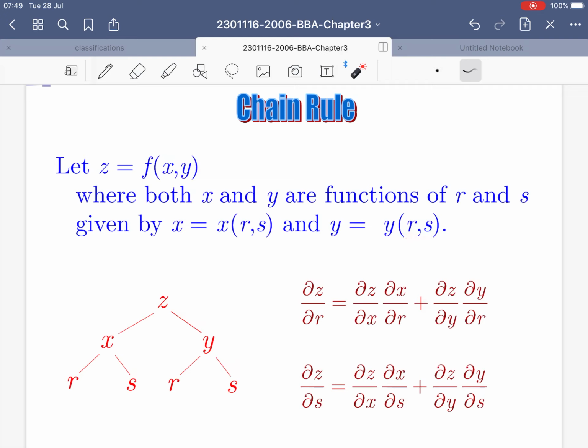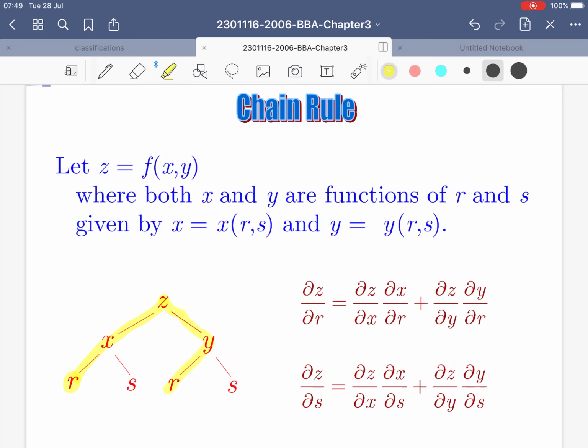So if you draw a diagram, your z depends on x and y, your x depends on r and s, and your y also depends on r and s. So this means that actually your z depends on r and s as well. So what we can find is a derivative of z with respect to r. However, if you need to reach the r, there are two possible ways.